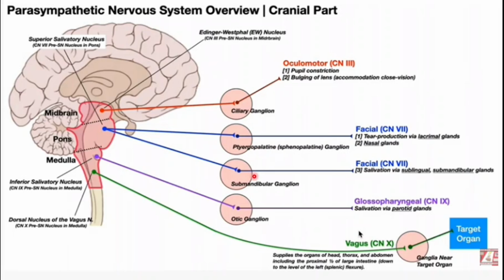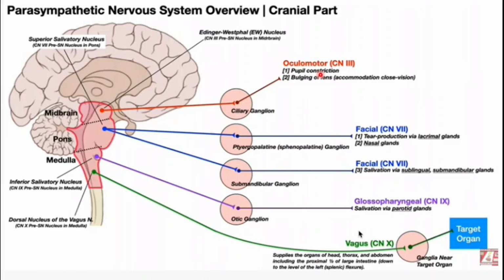These four ganglia lie in the region of the head and the neck. Except for these four ganglia, all the ganglia in the parasympathetic nervous system are very small and lie near to or within the body organs.